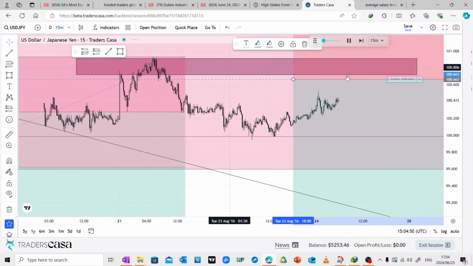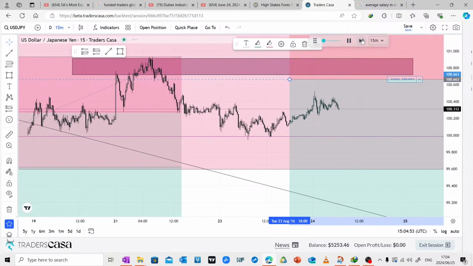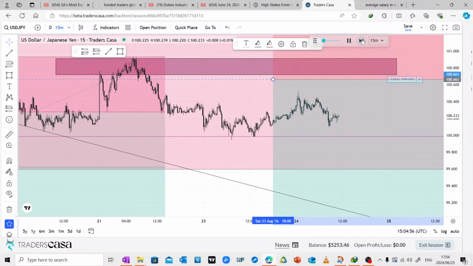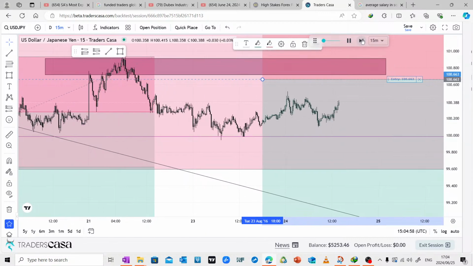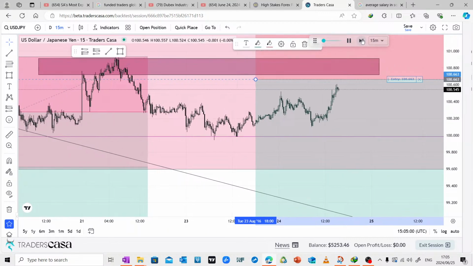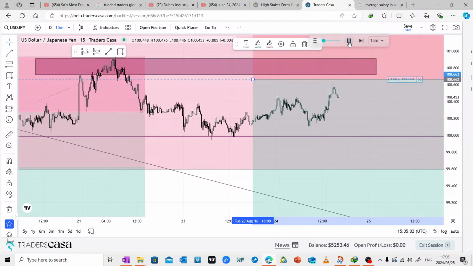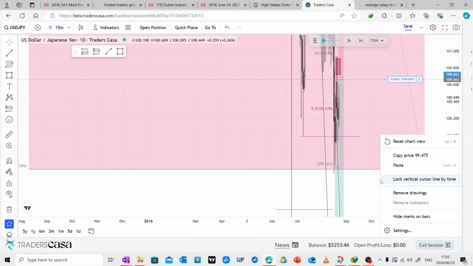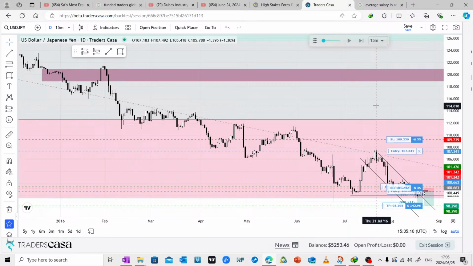Okay, so we've got this high that we're expecting could hold, but we want a retracement. And I didn't check the daily time frame. What did the daily candlestick then portray? I just came here, but I didn't check.